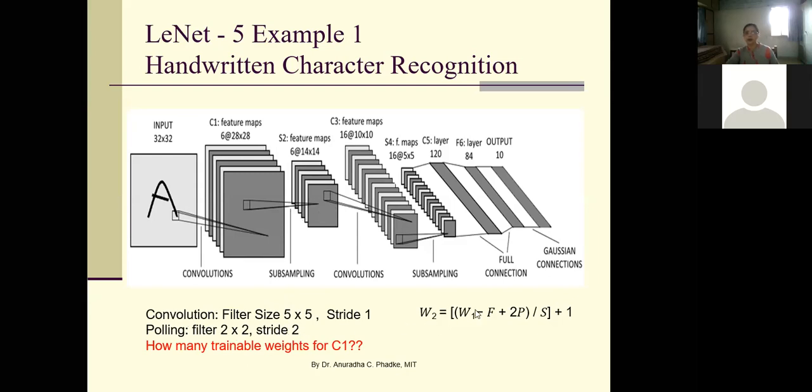If you again use this equation, you will get the resultant output size after the first pooling layer, that is after the S2 layer, size is 6 by 14 by 14 because there are 6 filters. So the resultant size is 6 by 14 by 14. The sole purpose of the pooling layer is to reduce the data by a subsampling operation.